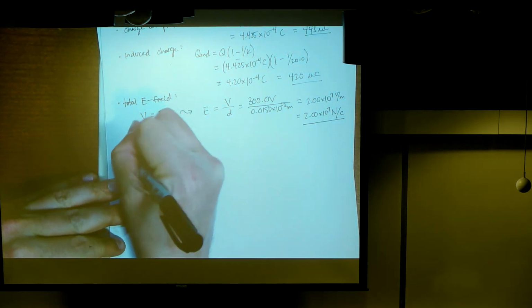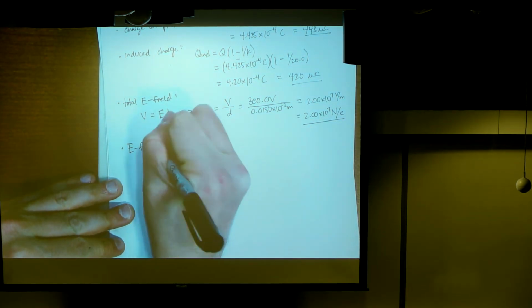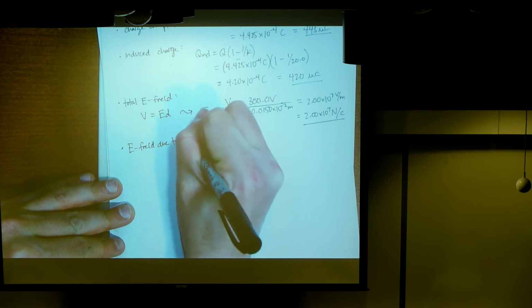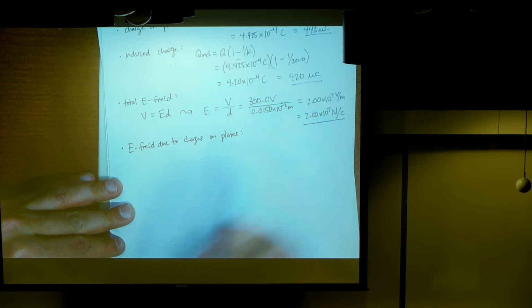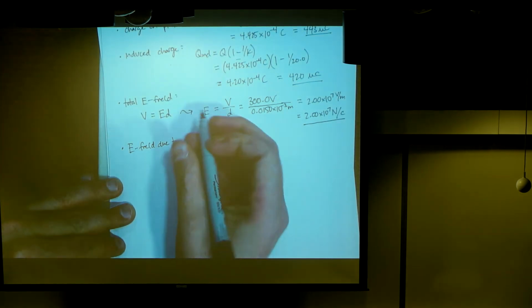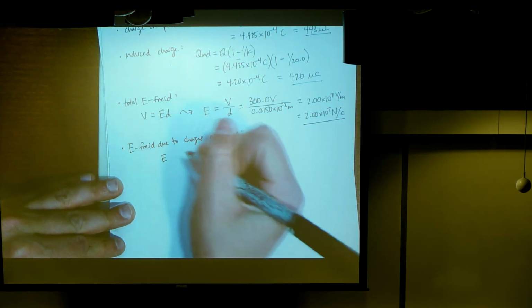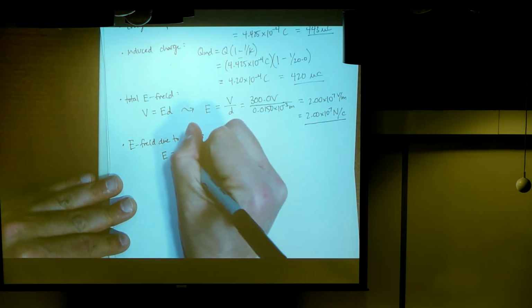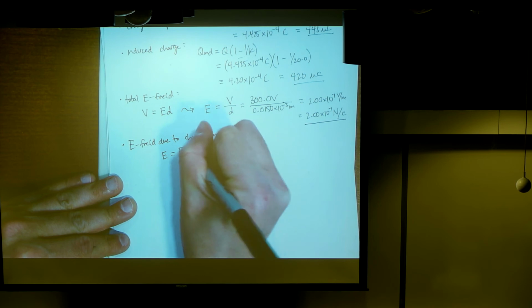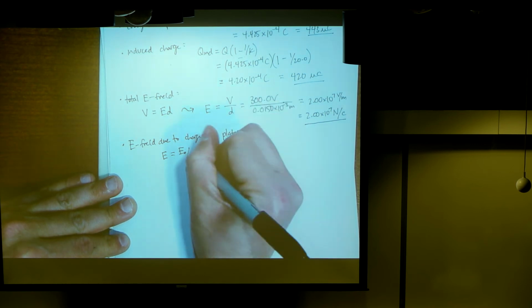So the E field due to the charges on the plates, this is what we call E naught. So what we found before is E, the total E field, is equal to E naught divided by K, right?